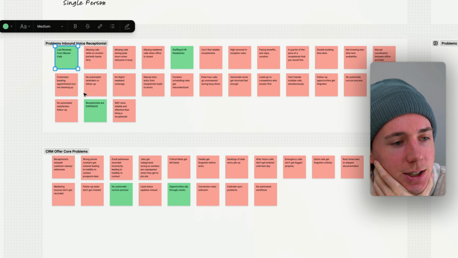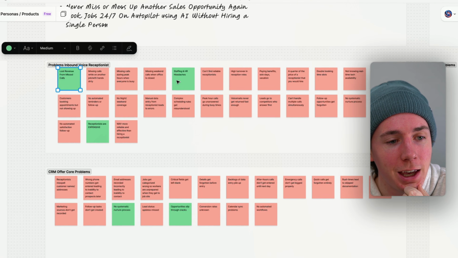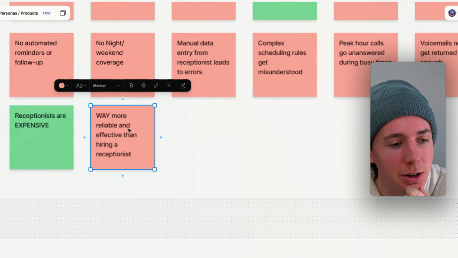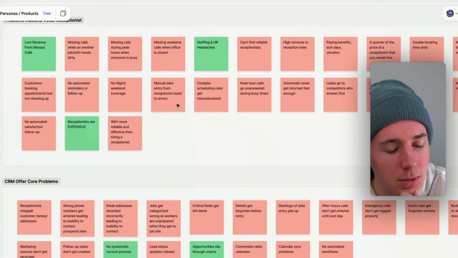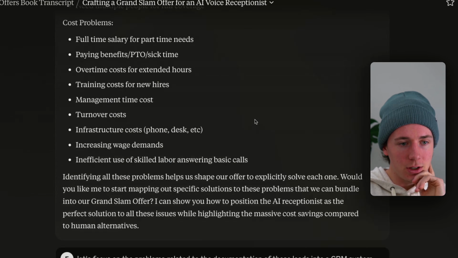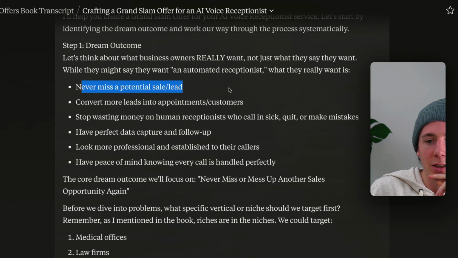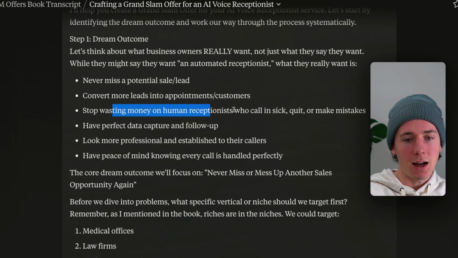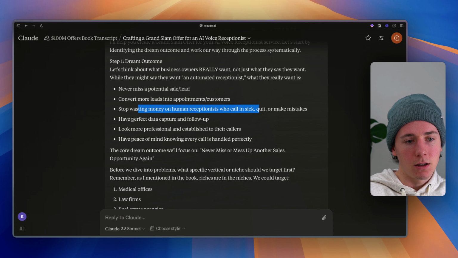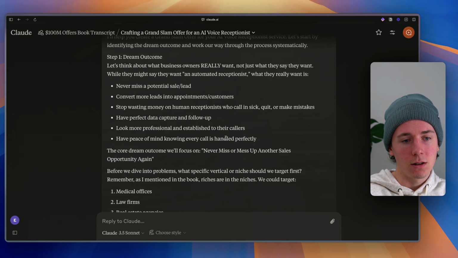And so the idea is that we're going to generate as many possible solutions as we can to these six problems, because a lot of these are very much duplicates. So let's go back to Claude and see what was the original one that it said. It said, never miss a potential opportunity, convert more, stop wasting money, have perfect data capture, look more professional, peace of mind.